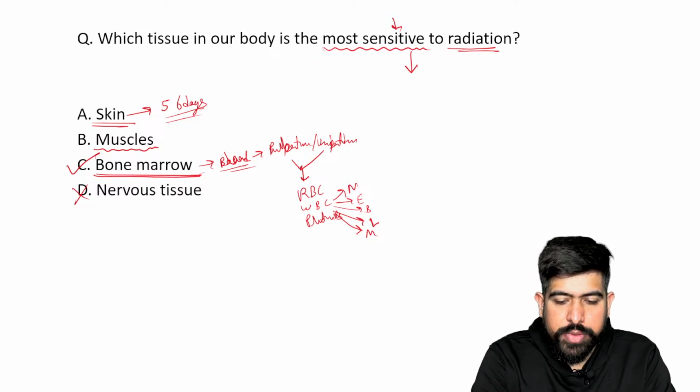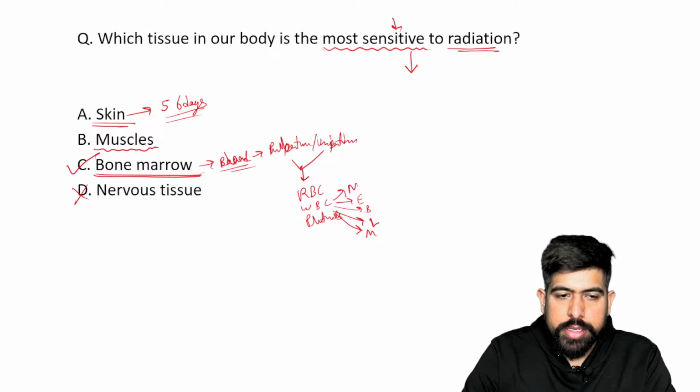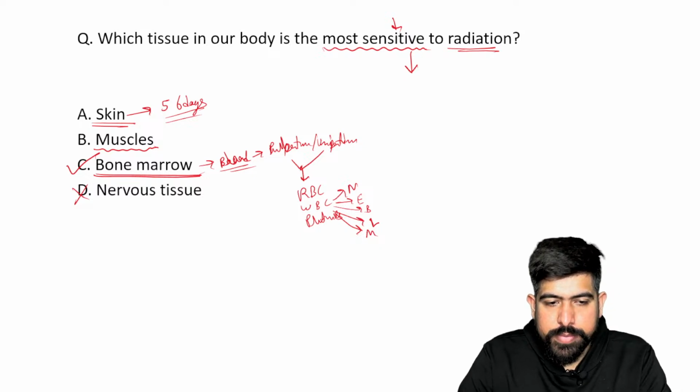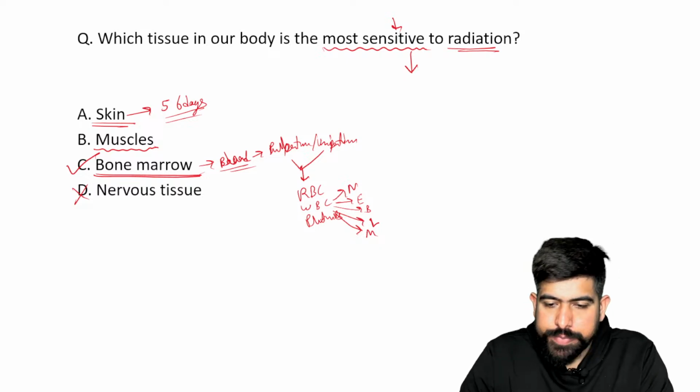Which are the regions in the body where we have rapidly dividing cells? I'm waiting for your answers, guys.